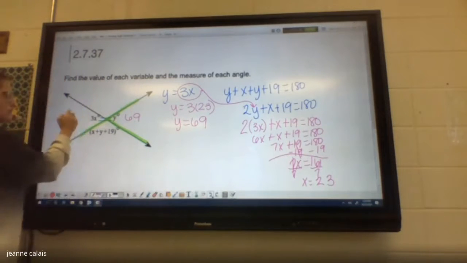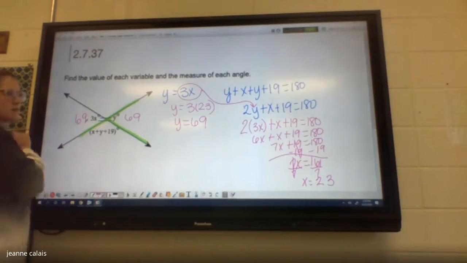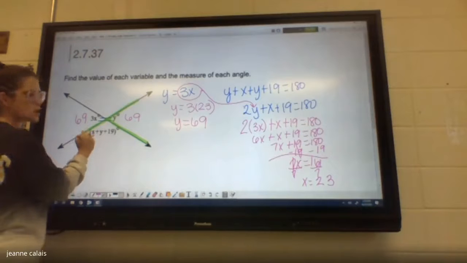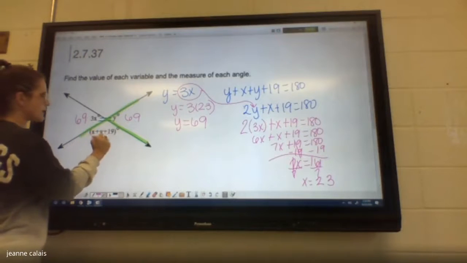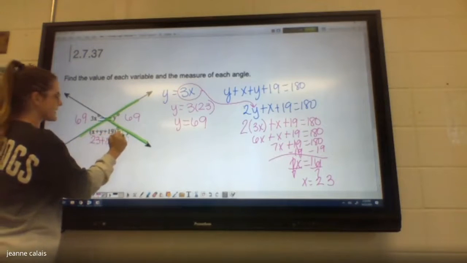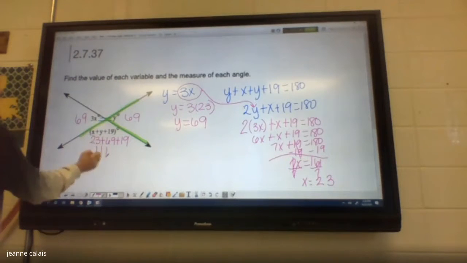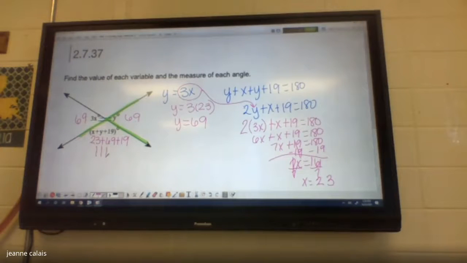I'm saying 3 and writing 3. All right, plug in here what you know. So 23 plus 69 plus 19. So I add that together. 111. Double check.